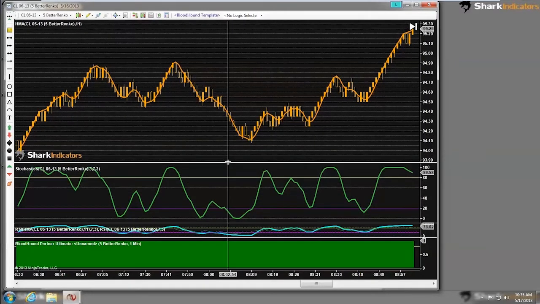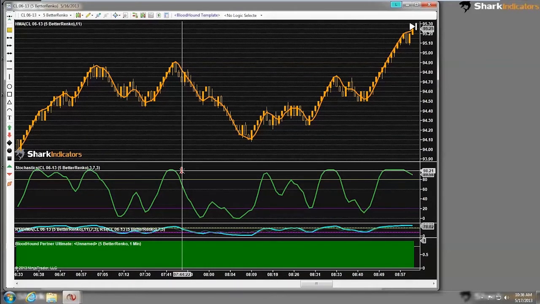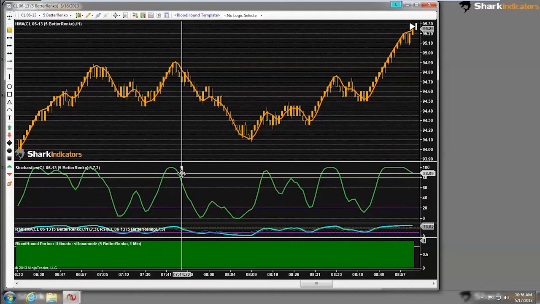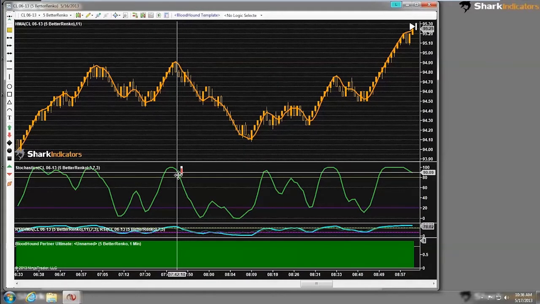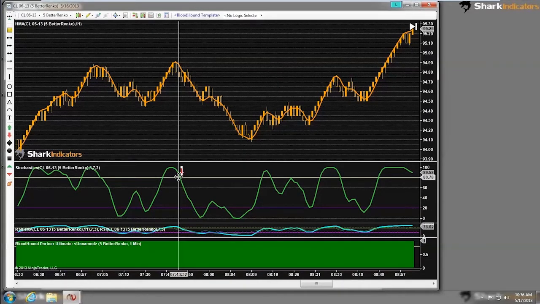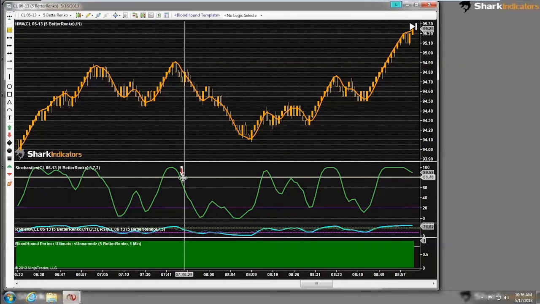So the conditions are, we want to mark a short condition here once your indicator crosses a threshold level, in this case on the stochastics it's the 80.